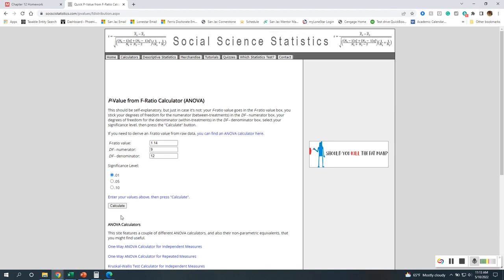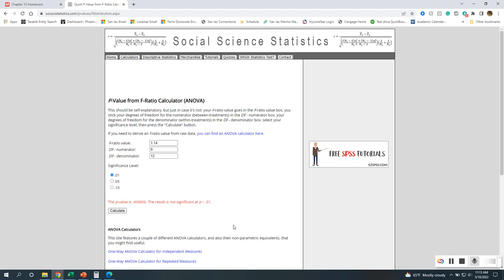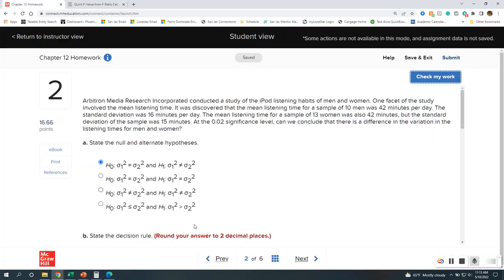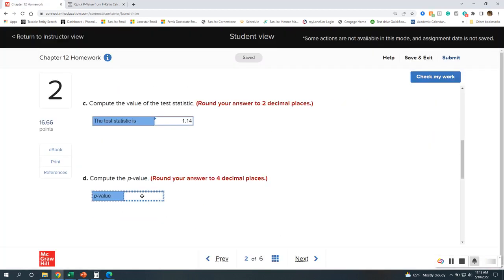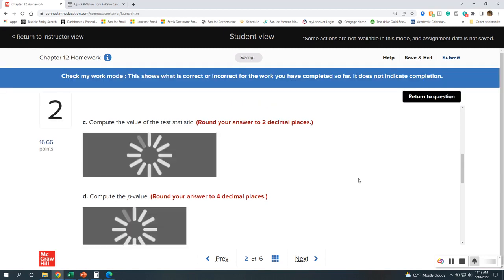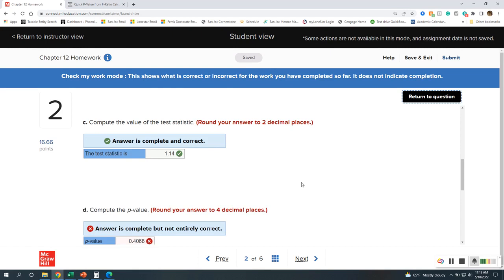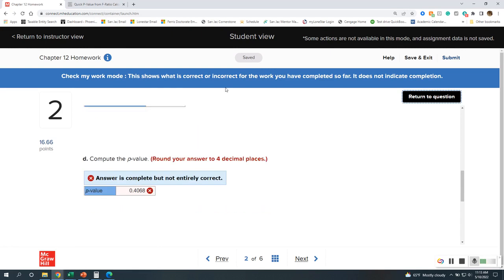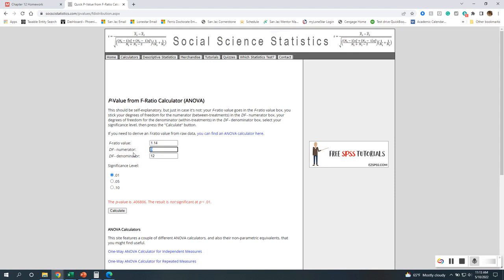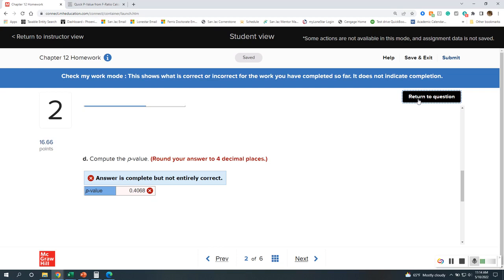And we got 0.01 and calculate. So we're looking at 0.4068. It's not correct. Let's see if we can use .4043.